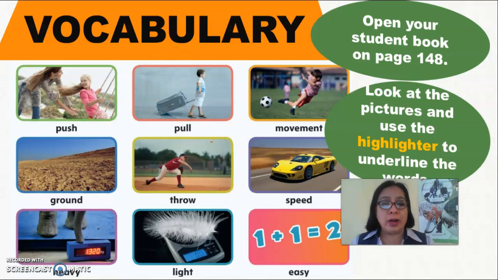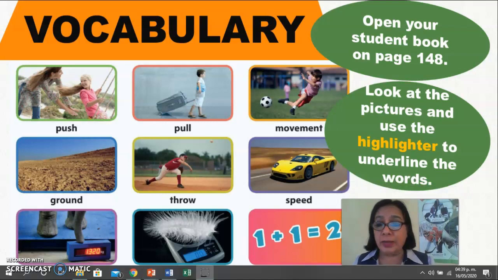Throw, I have a piece of paper, for example, and I throw it in the trash can, okay? Speed is like velocity, okay? Heavy is like the elephant, is very heavy. Light, like the feather of a bird. And 1 + 1 is equal to, that is easy, okay?